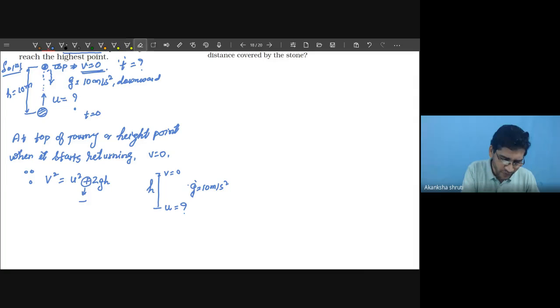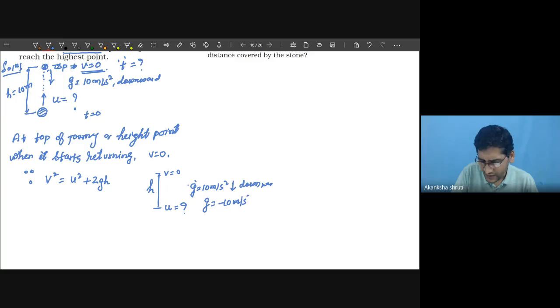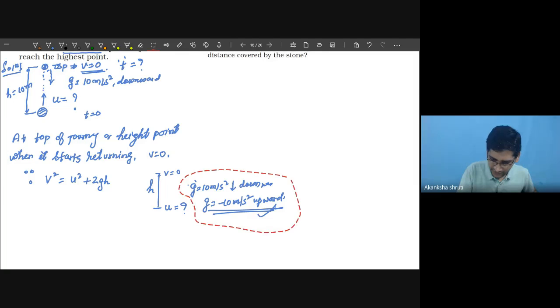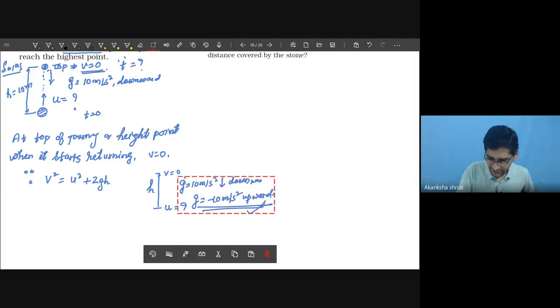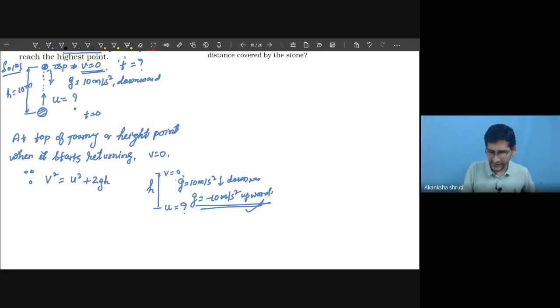So g is 10 meter per second square for downward, but this g value is minus 10 meter per second square for upward. Here the situation is upward motion, so I shall take it with the negative value. This is the important thing that in such a question you have to keep in mind: which one is positive, which one is negative, accordingly you have to substitute.